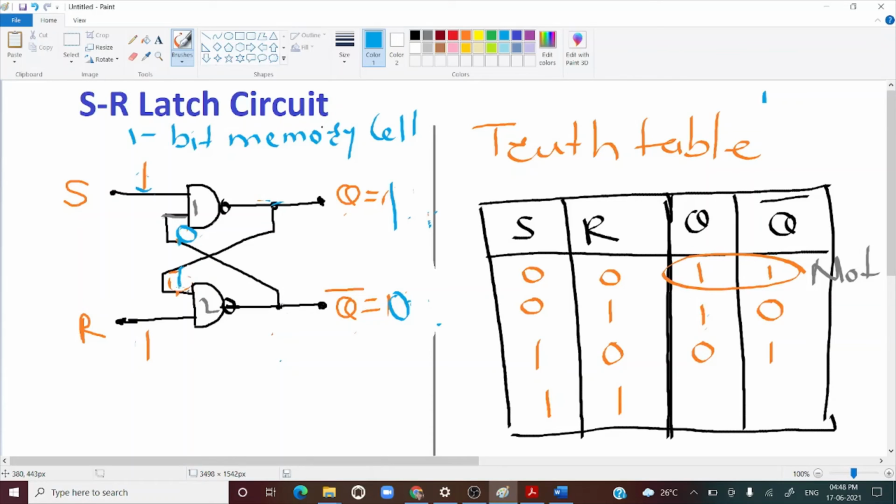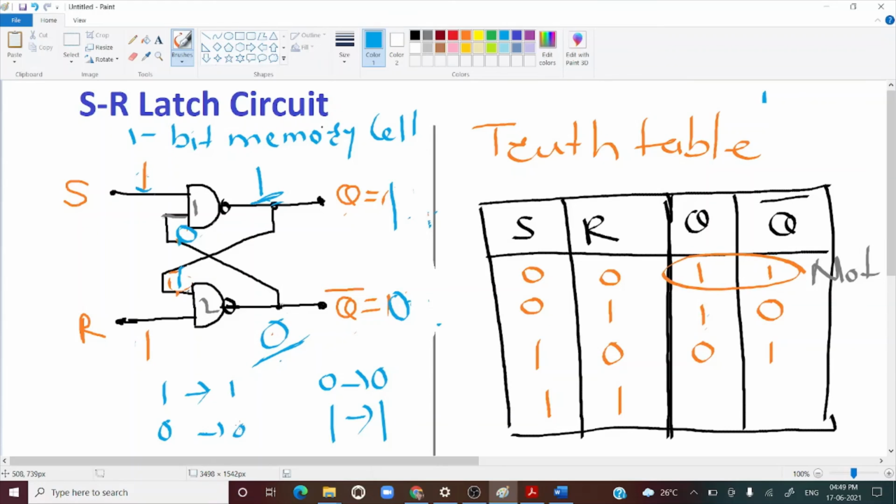Now this 1 and 1 will become 0, this 1 and 0 will become 1. Now in this case you are getting the output 1, 0. Previously हमें क्या मिला था, 0, 1 मिला था. When we assume that the previous output is 0, 1, in that case we have got 0, 1. Now if you assume that the previous output is 1, 0, we have got 1, 0 only.